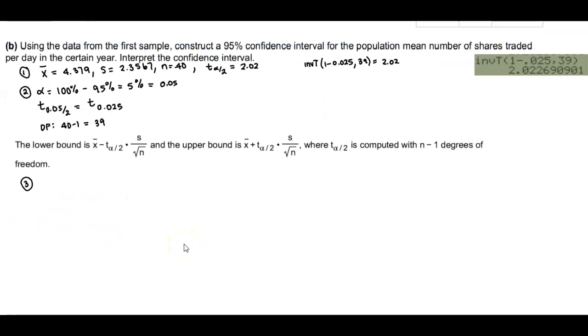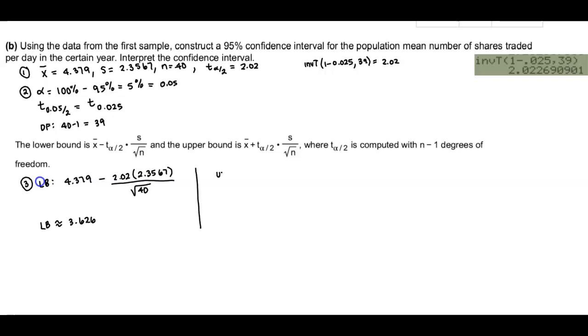We know that our lower bound is going to be our sample mean, which is 4.379, minus the critical value of 2.02 multiplied by the sample standard deviation of 2.3567, divided by the square root of the sample size, which is 40. So the lower bound, we're going to round to approximately 3.626.